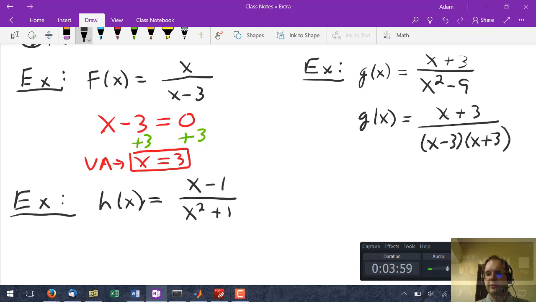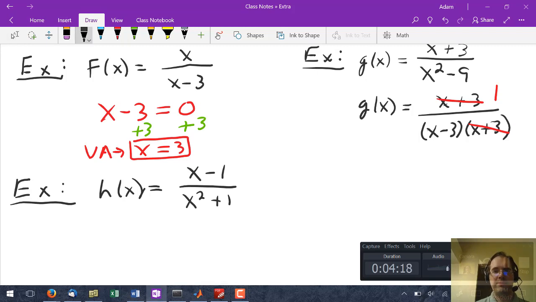Now we notice there's an x plus 3 on top and an x plus 3 on the bottom. That will actually fully cancel. Though we still have something on top, just the number 1, since the numerator canceled and divided down to just being 1.